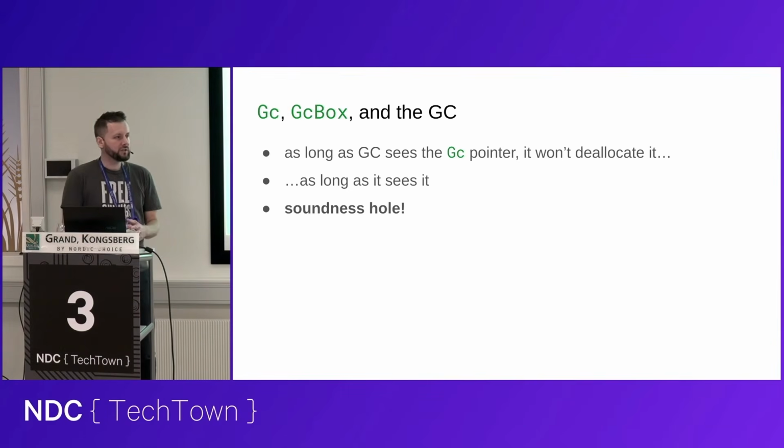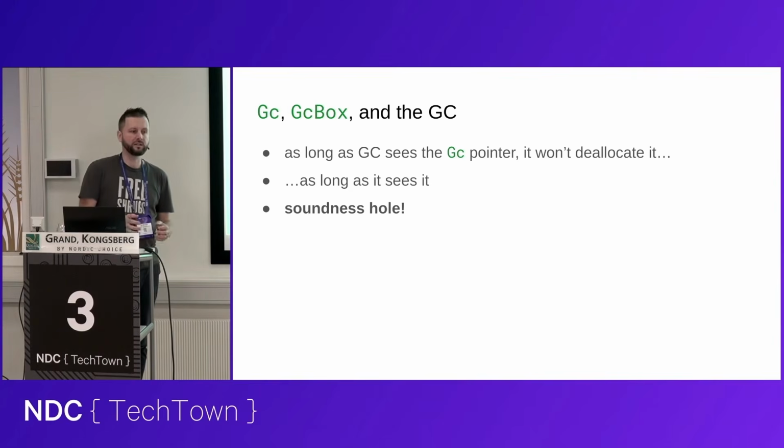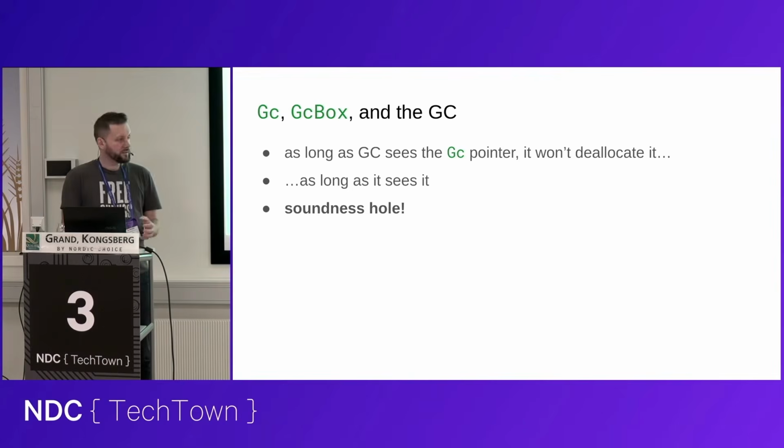But imagine that we ever put a GC box in a global variable, and we forget to do the whole song and dance about somehow telling Python that we're storing this here and marking it as a GC root. So that's a pretty glaring soundness hole, because then the garbage collector can deallocate the value and the Rust is left with a dangling pointer.